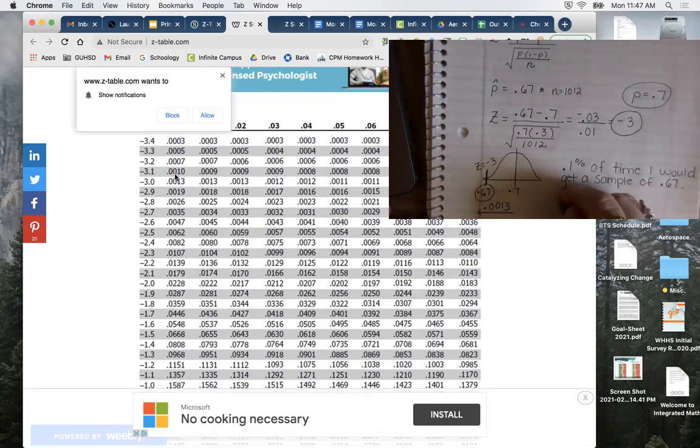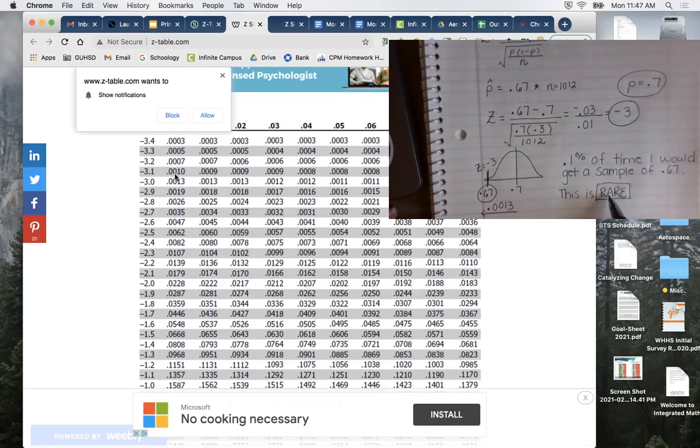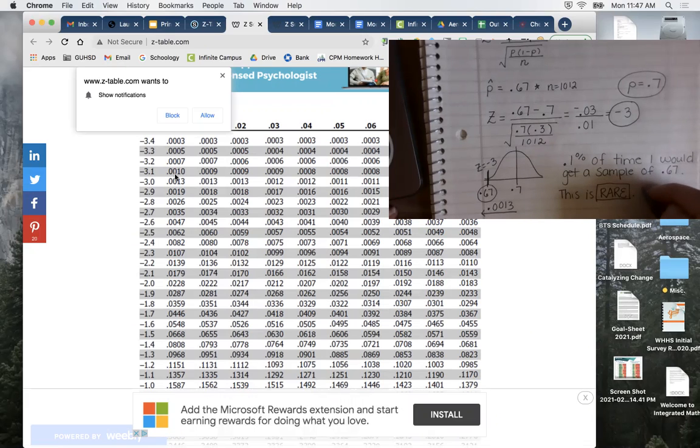This is rare. If you remember, anything less than 5% of the time is going to be deemed rare. If we get a rare result, then we know we have enough evidence.